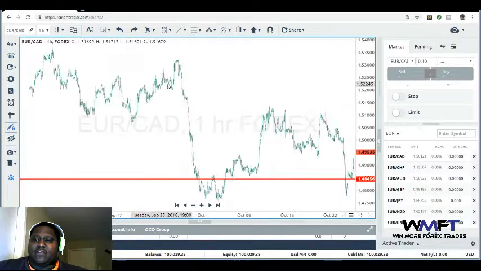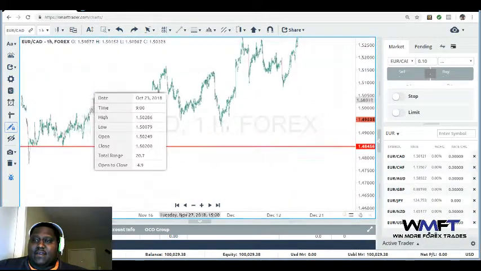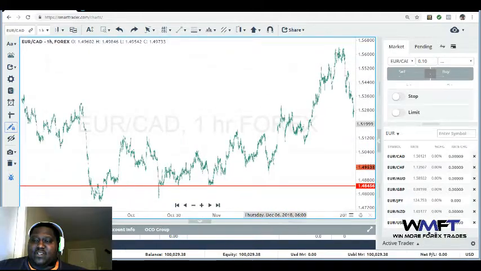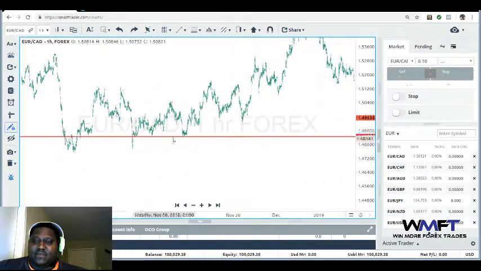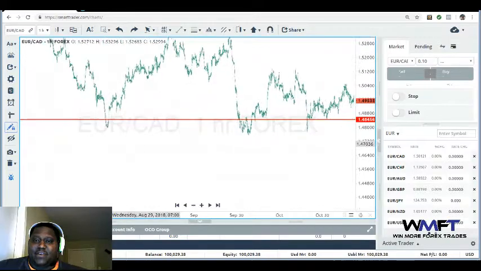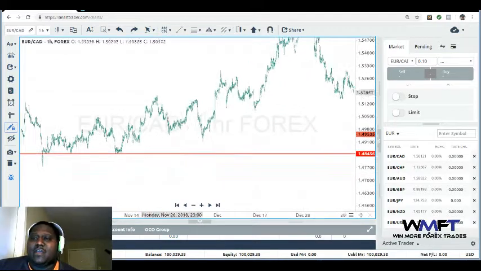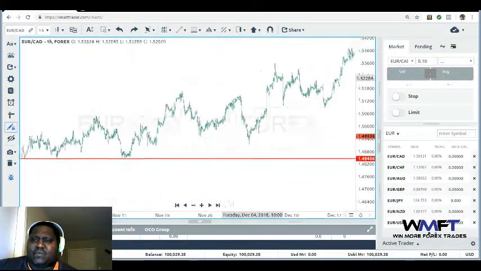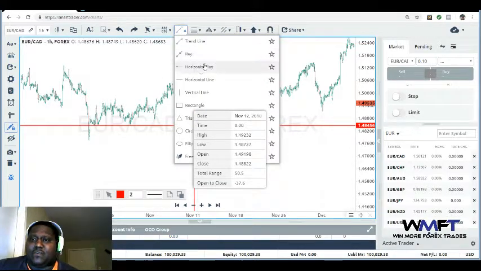Actually, we can look left right now, and you can see the market has resistance, support, support, support, support, resistance. So the market likes to pivot at that price point. So there's another indication for you to sell this market right now and try to get you 100 and some pips when the market opens back up on Sunday in this EURCAD.